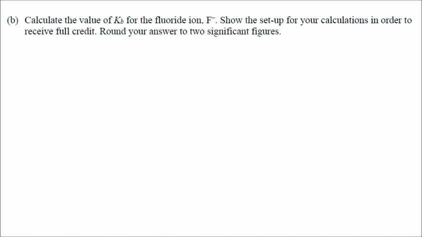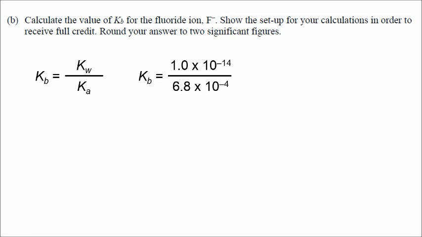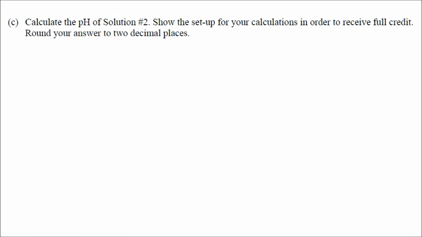Now solution 2 is a base. It's sodium fluoride. So let's see what the Kb value is for the fluoride ion. The Kb is the Kw divided by the Ka, and we do this math to give us 1.5 times 10 to the negative 11. Let's use the Kb to solve for the pH for solution 2. So here's our Kb expression with fluoride on the bottom and hydroxide and HF on top.